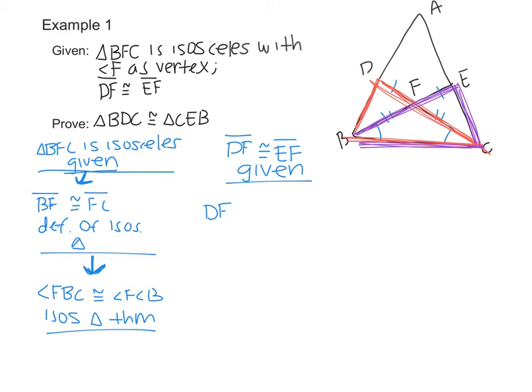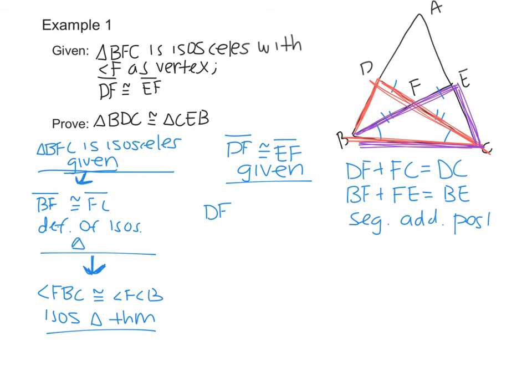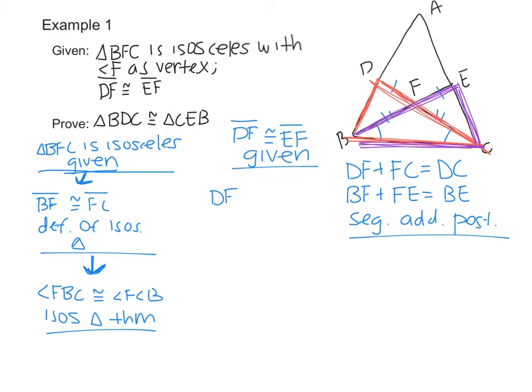So DF, all right, let's go ahead off to the side and write that DF plus FC is equal to DC. And we know that BF plus FE is equal to BE, and that's by the segment addition postulate. Okay, so by using that idea and knowing about these other things, such as BF is equal to FC and DF is equal to EF, let's just go ahead and cross this off real quick.